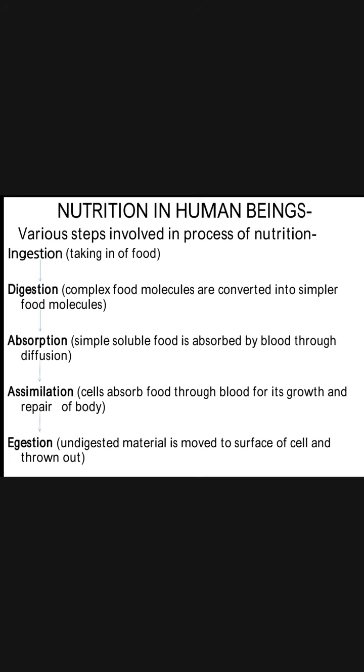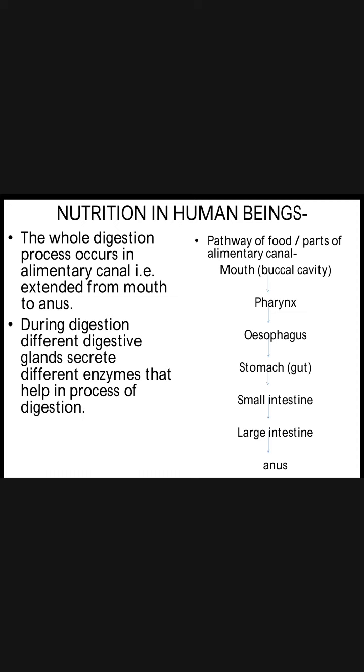The digestive system in our body is the alimentary canal, and the alimentary canal extends from the mouth to the anus. So if we see the pathway of the food, it starts from the mouth, that is the buccal cavity.